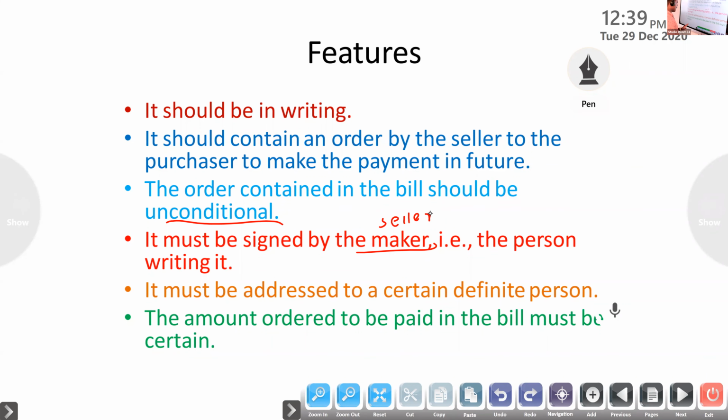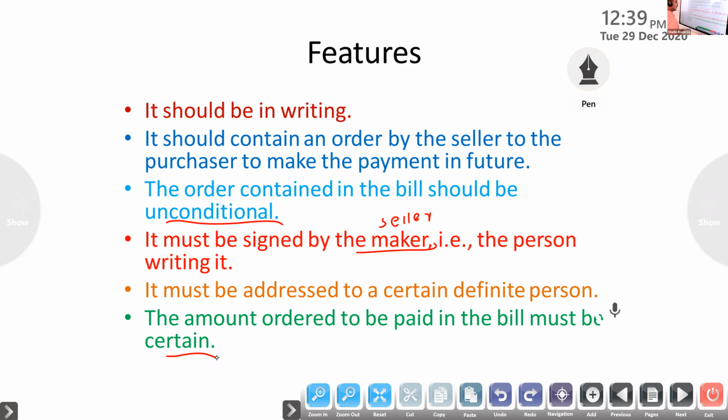Next, it must be addressed to a certain definite person. In that bill, we are addressing the buyer. Then the amount ordered to be paid in the bill must be certain, the correct amount must be specified.